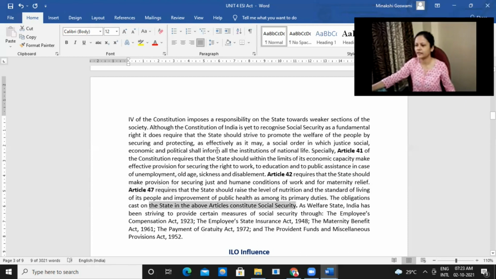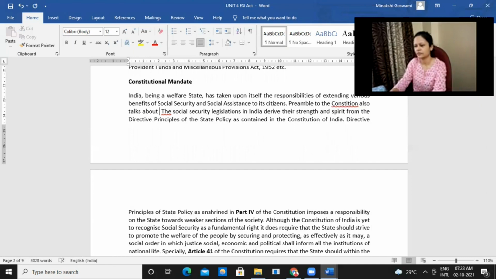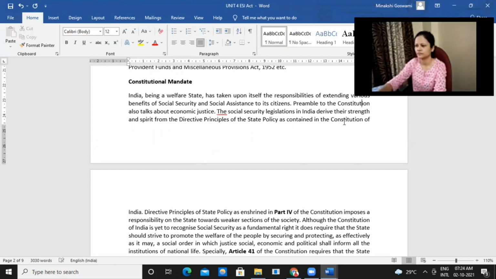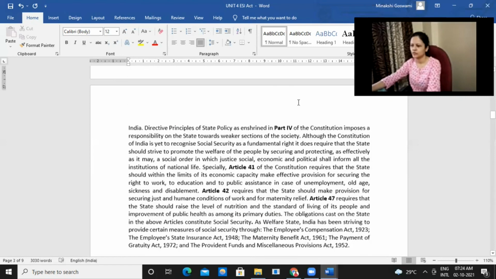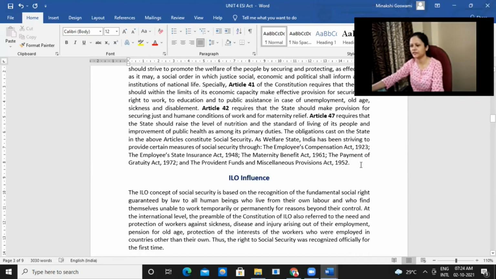So under all these articles plus the preamble, okay, this is Part 4. Plus the preamble also talks about it. Social security legislation. The preamble to the Constitution also talks about it. So these provisions are being given under the preamble, under Part 4, and all these articles that fall under Part 4 only.